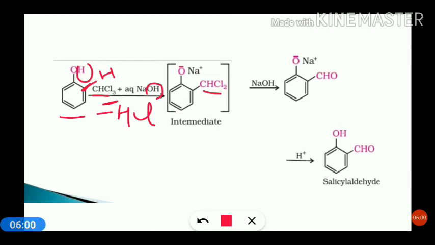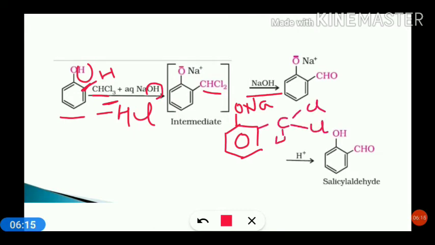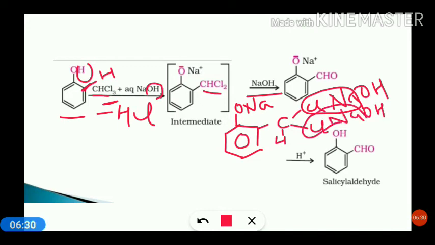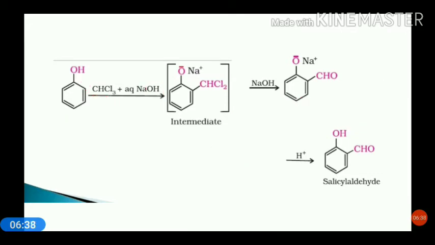What will happen when it reacts again with base? When it reacts with NaOH, two molecules of NaOH will be there. One molecule will remove one NaCl and another molecule will remove one more NaCl, and both OH groups will form a bond with the carbon. It will give rise to a structure like this.